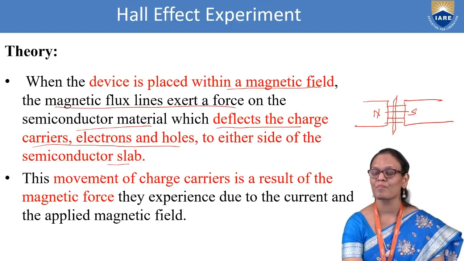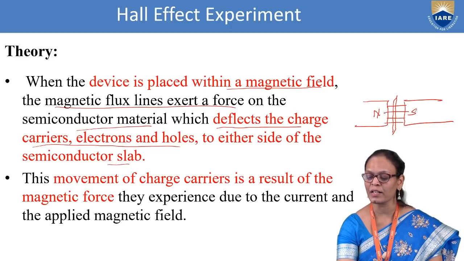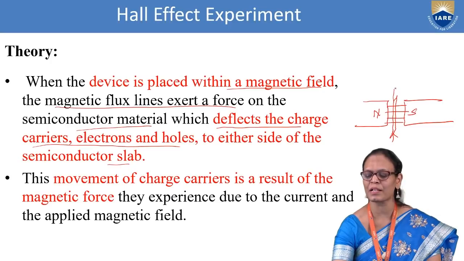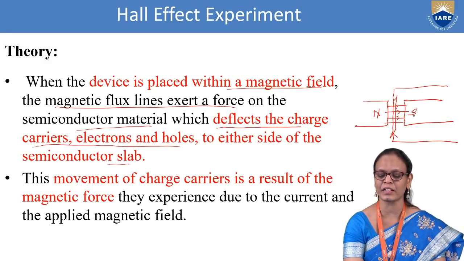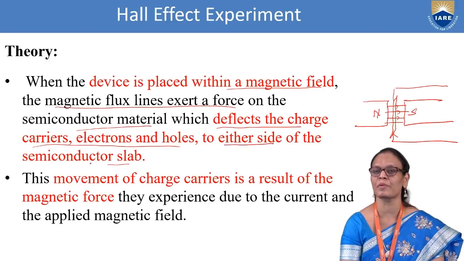Now, the current is flowing through this in this direction, because we have connected the lengthwise terminals to the power supply. So, the current is flowing through this, and then you have the magnetic field perpendicular to it. Because of these 2 fields, the charge carriers will get deflected to either side of the slab.